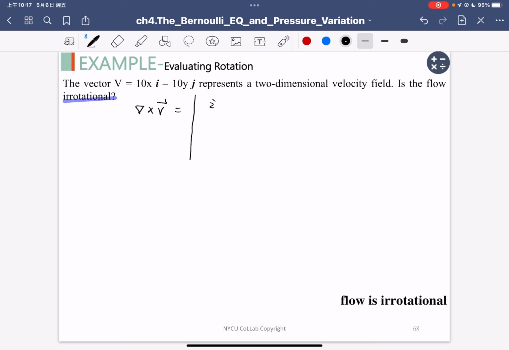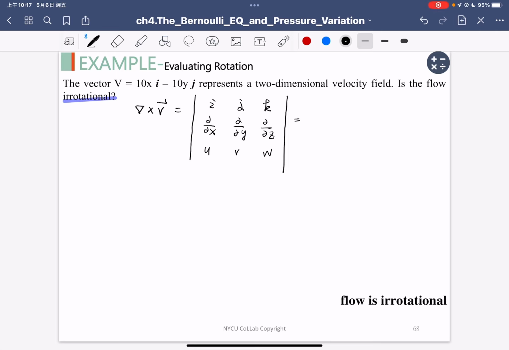We have i, j, k indicating the unit vectors along the x, y, z directions. The differential operator has d/dx, d/dy, and d/dz. And the velocity field we can represent by u, v, w, the velocity along the x, y, and z directions.